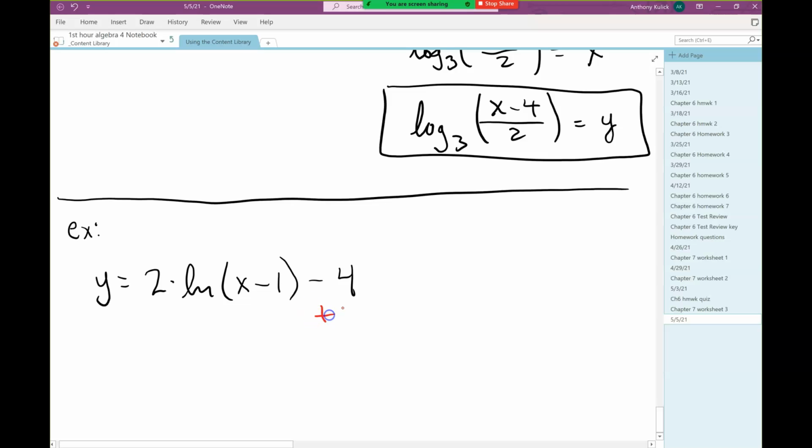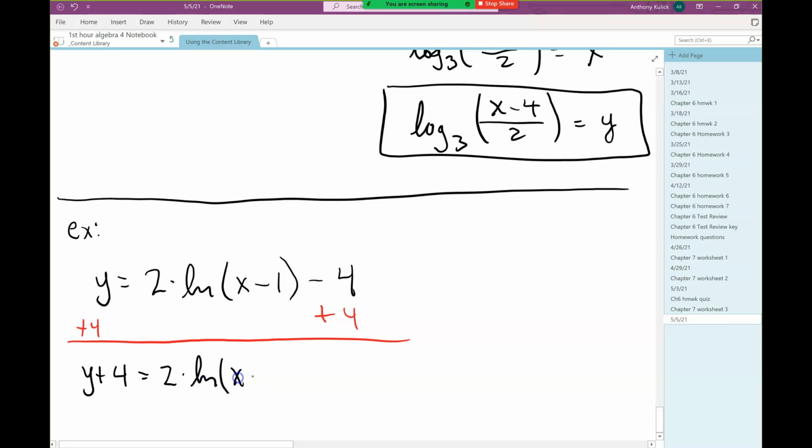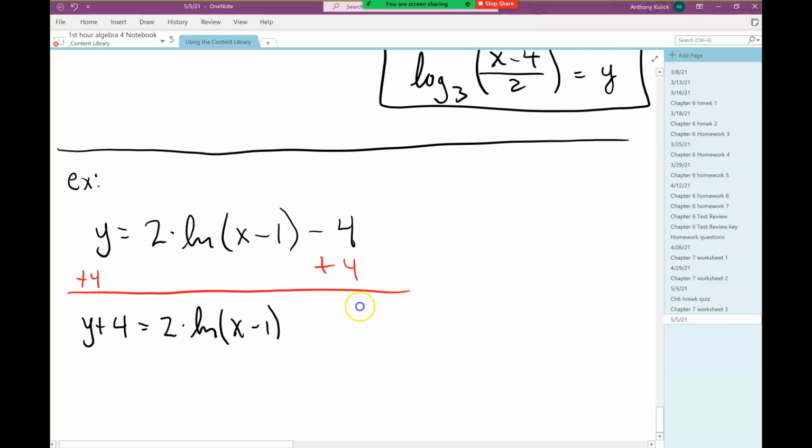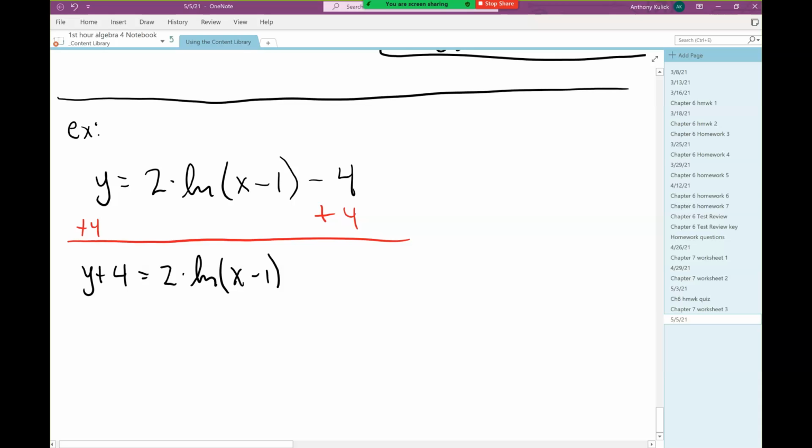Good. Next, what should we do? Divide both sides by 2. Very good.